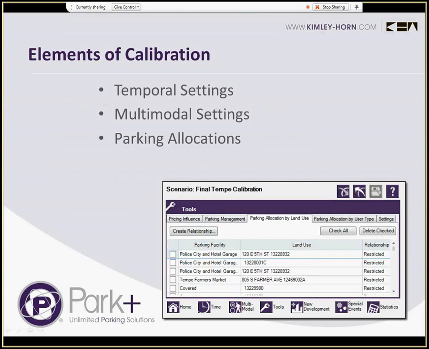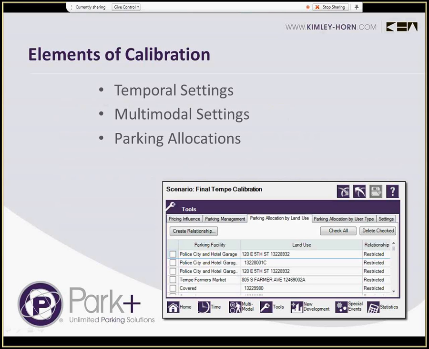Parking allocations, and this is actually the most critical piece of calibration, is what are private parking relationships? Are there land uses that only utilize certain parking facilities? Are there groups of parking facilities that serve a specific user type? Like on a campus, you may have student parking or you may have faculty parking, and you're defining those through the allocation process.